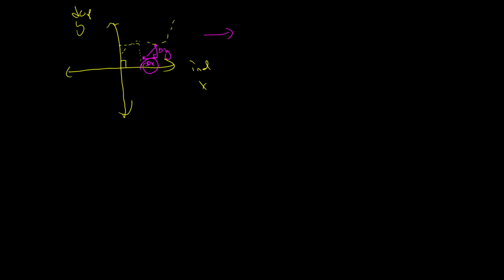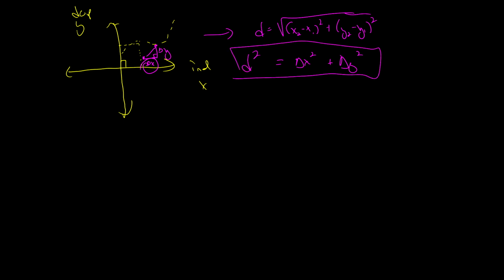It gives us our distance formula, where the distance between 2 points is the square root of the change in x squared plus the change in y squared. Now, if I write this as delta x squared plus delta y squared, and I square both sides, this is our good friend, the Pythagorean theorem.